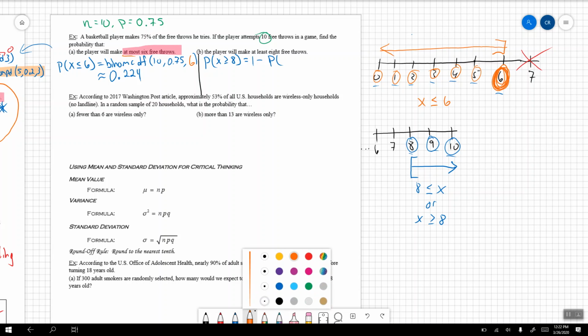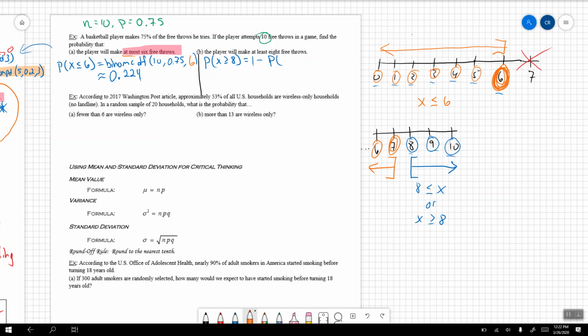To the left, like Beyonce said, to the left, we want these probabilities. What probability does that start at? Well, that starts at 7, then goes down to 6, then 5, then 4, then 3, then 2, then 1, so on and so forth. Which means that x is less than or equal to 7. And that's what goes here.